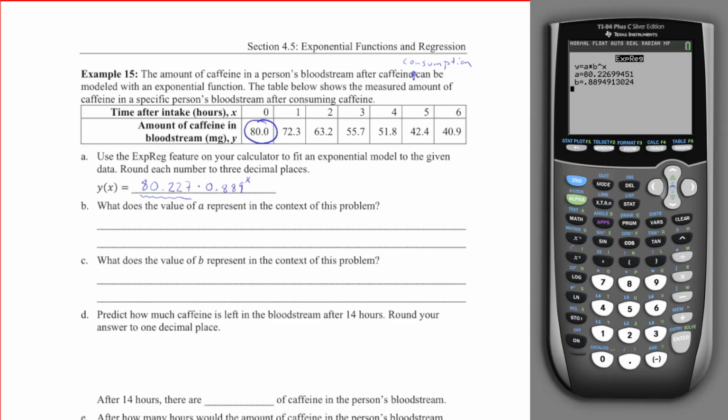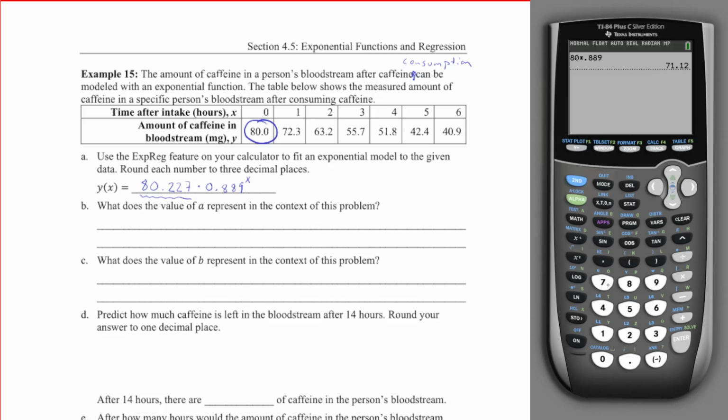And I bet that if I take each input value and multiply it by 0.889, I'm not going to quite get exactly the next output value. Right, so if I take 80 times 0.889, yeah, that's 71.12, right?